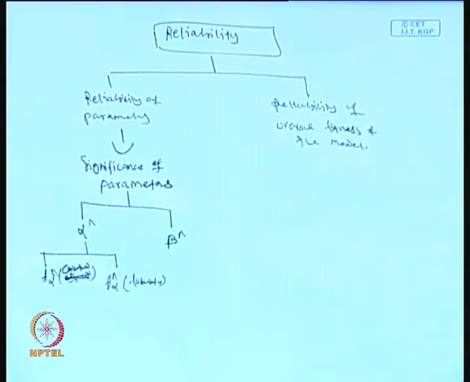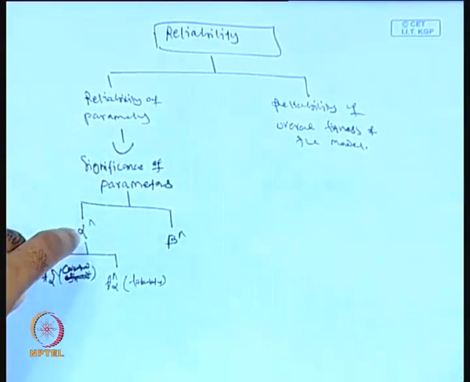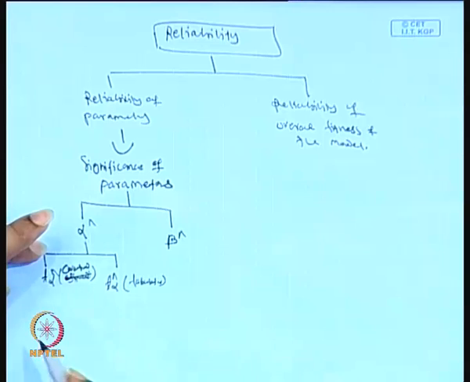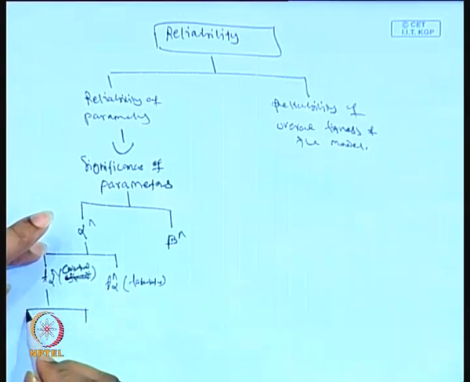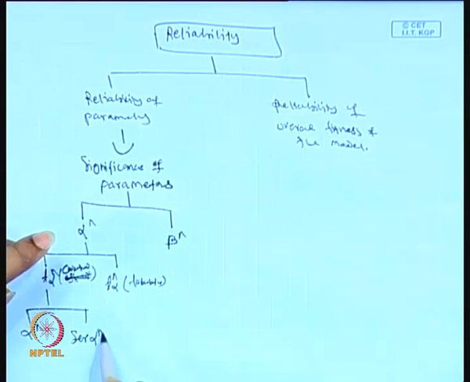So, now we have to compare the calculated T of alpha head and the tabulated T of alpha head. Similarly, you have to compare the calculated T of beta head and the tabulated T of beta head. All right. So, now what is happening here? This T of alpha head depends upon two components: the individual alpha head value and its standard error of alpha head.